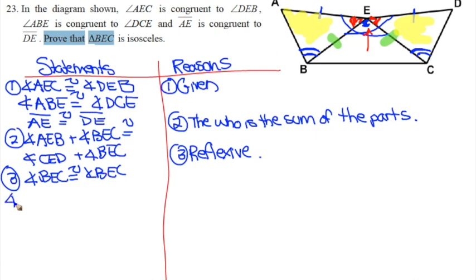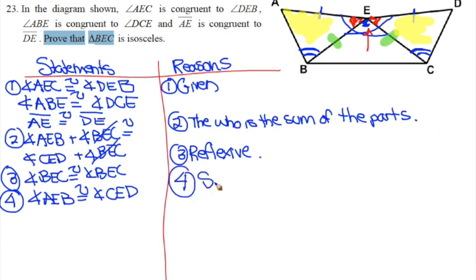So in step 4, let's use the subtraction property. And I'm not going to show it, I'm going to jump to it. If I can subtract this and this because they're both the same, I'm left with that angle AEB is congruent to angle CED, which are those two red ones that I was trying to show were the same thing.